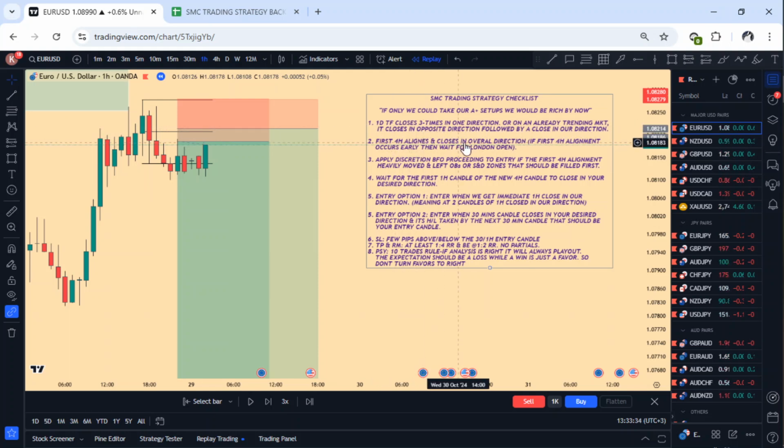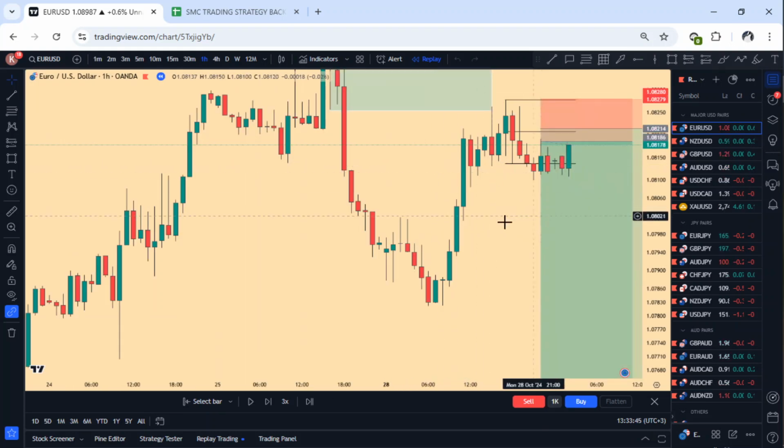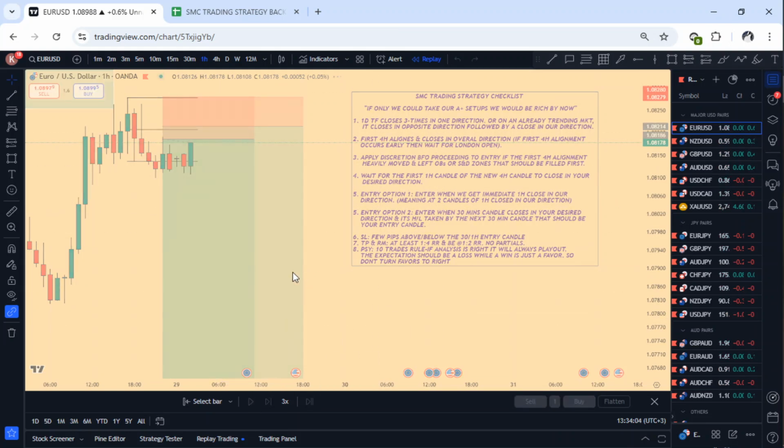Then the first 4 hours align in our direction, then we apply discretion by checking on imbalances and so on. Then we wait for the first 1 hour candle of the new 4 hours candle to close in our direction. Then we wait for the second one to close, so that we have at least 2 candles closing in our direction, and then we look for entry. So that is the entry of this particular trade as I've shown you.